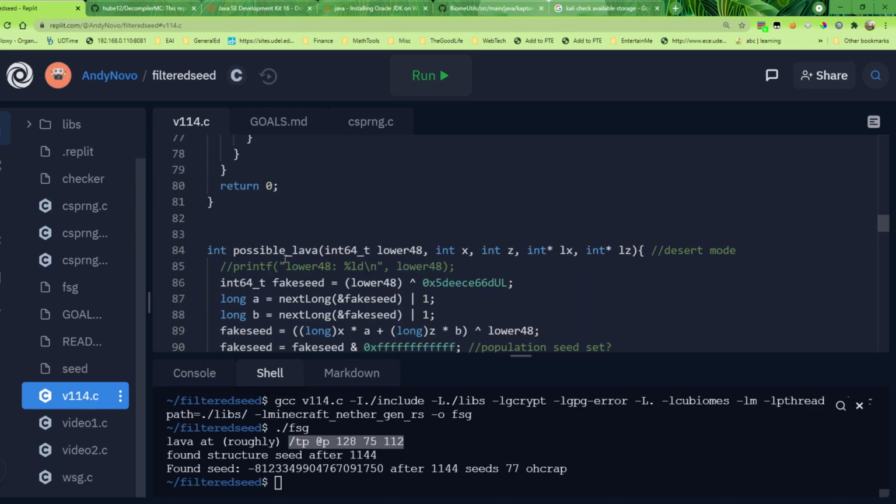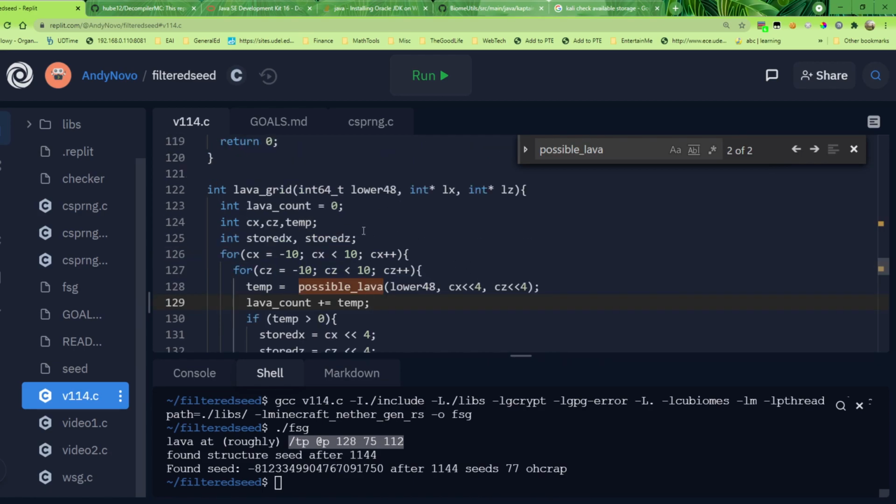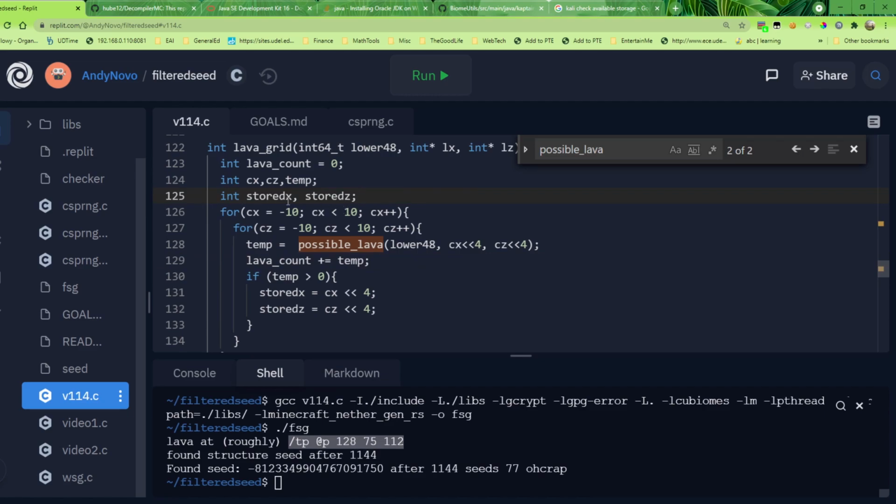Then when I call this thing, now I'm doing this inside of a grid of possible lavas, just to make the filter pass, which means that, well, actually I already have stored x, stored z, so I could just say address of stored x, address of stored z, except I only want to count that if I got a win.